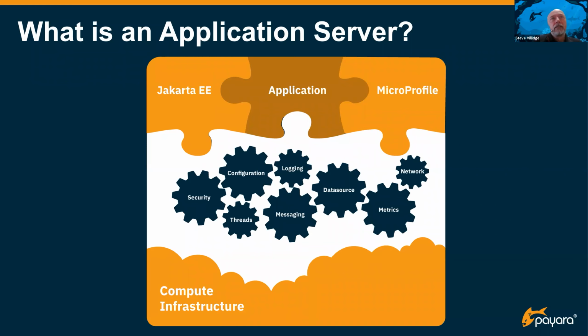It does database connectivity for you through data sources. It can generate metrics, monitoring, diagnostics. It provides subsystems for logging and configuration, and it also provides a complete security infrastructure for you. All of these things that you need if you're going to build an enterprise application.